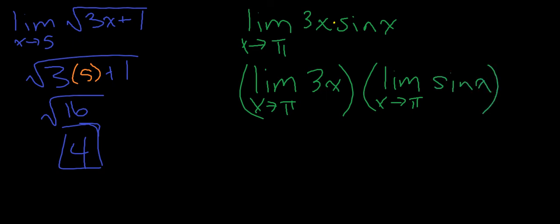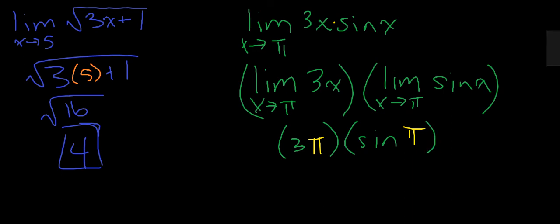As we know, substitution is going to work, so we substitute pi in for x. We get 3 times pi, and then sine of pi. 3 times pi is just 3 pi.